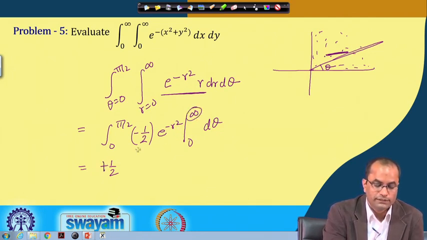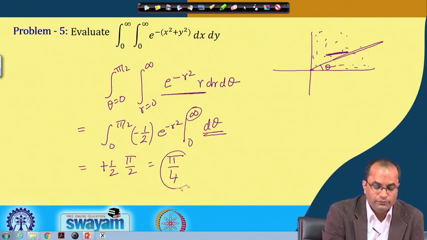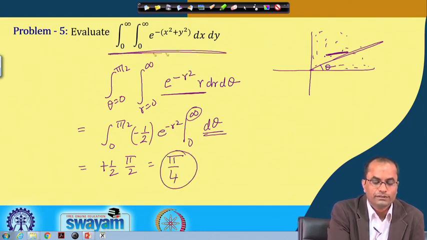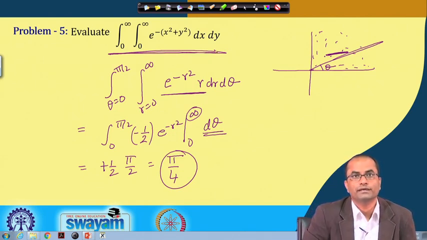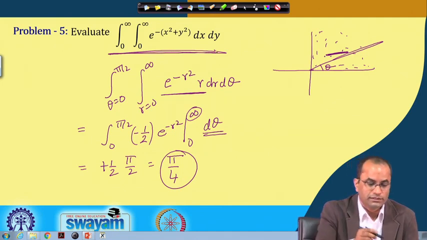So, we get 1 here, and then this theta integral over 0 to pi by 2 will give pi by 2. So, we have pi by 4. So, the value of this integral 0 to infinity and 0 to infinity is pi by 4, which is very simple when we use the polar coordinates, but it is very difficult if we try on the Cartesian coordinates.